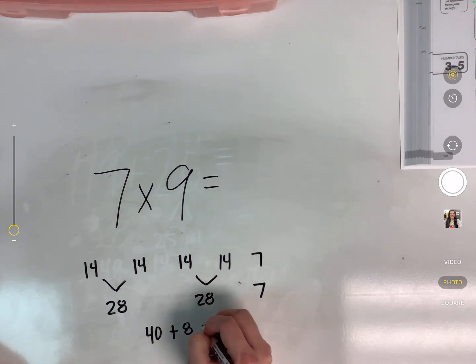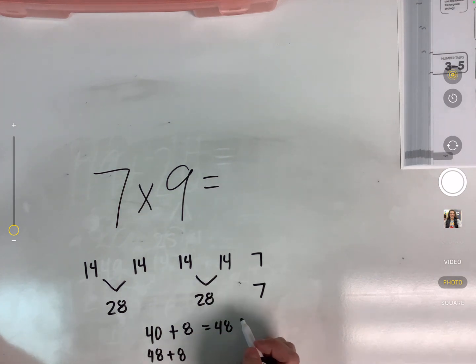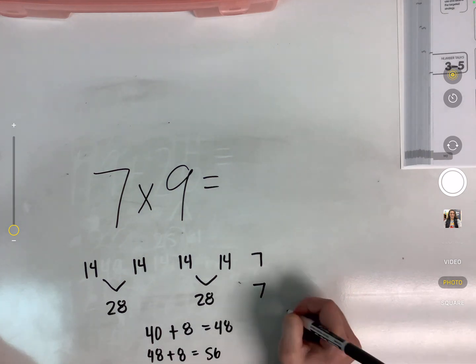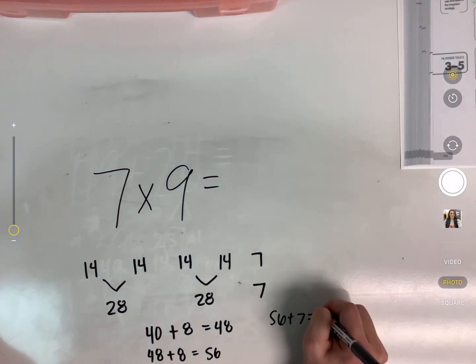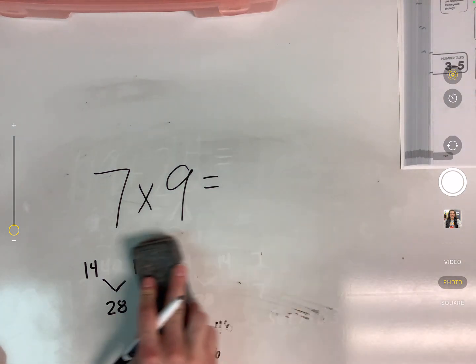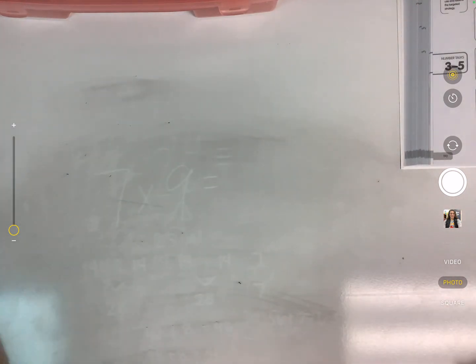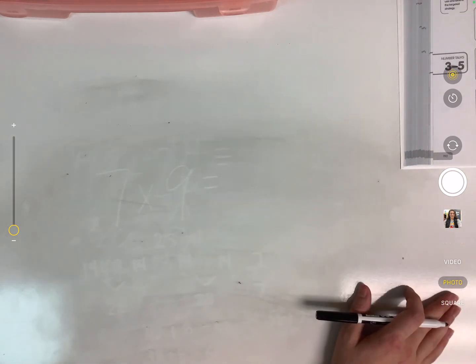Plus 8 is 48, plus 8 more is 56, and then 56 plus 7 is 63. Okay? So that's a little bit harder. That's why it's important to practice your factors so that you know how to easily get to these answers, right?